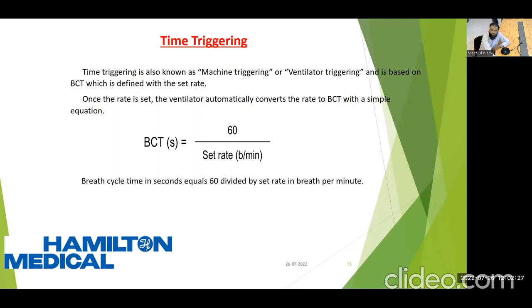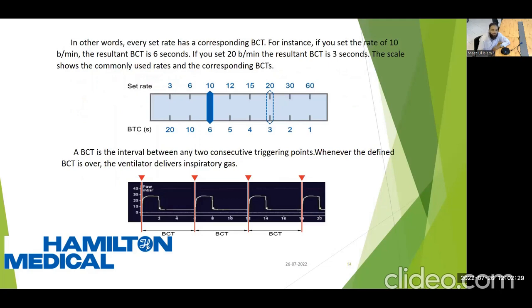In other words, every set rate has a corresponding BCT. For instance, if you set the respiratory rate of 10 breaths per minute, the resultant BCT is 6 seconds.